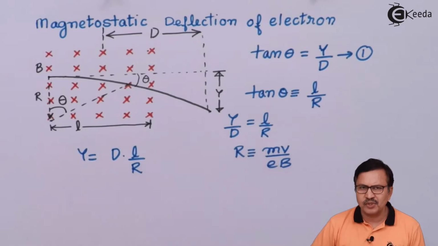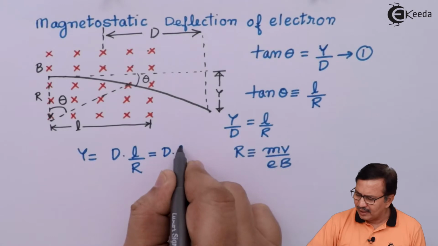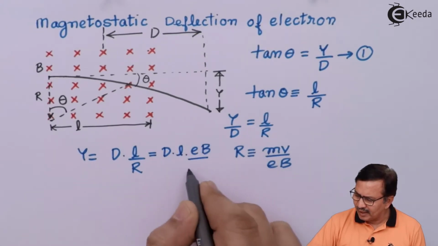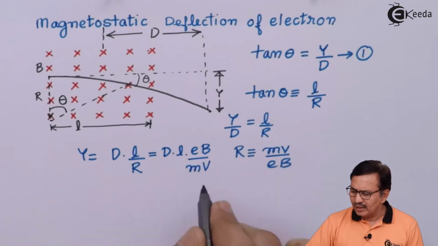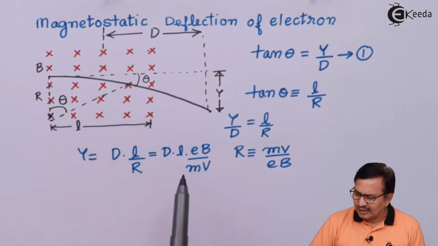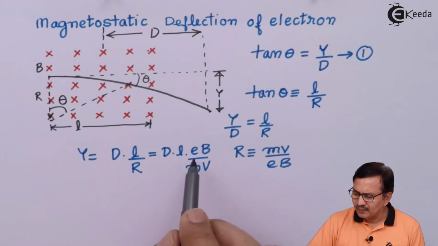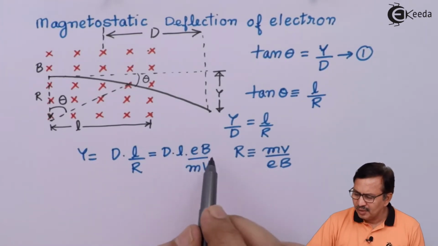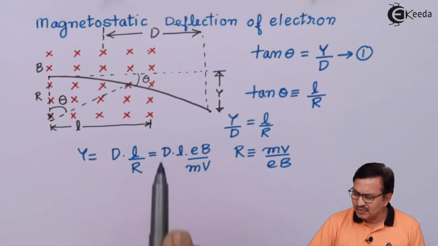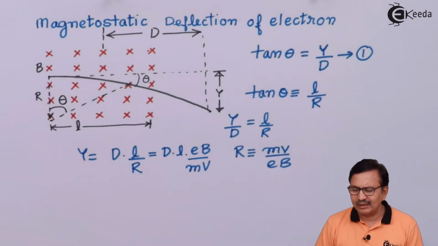I substitute this expression over here, and this will be equal to d into L into e into B divided by m into v, wherein d is the distance of the magnetic field from the screen, L is nothing but the length of the magnetic field, e is the charge on the electron, B is the magnetic field intensity, m is the mass of the electron, and v is the velocity with which the electron has entered this magnetic field.